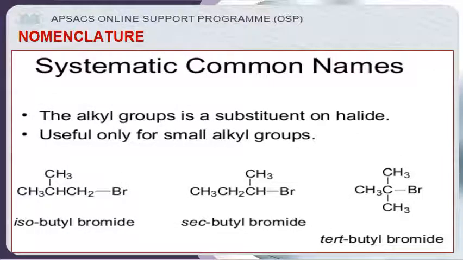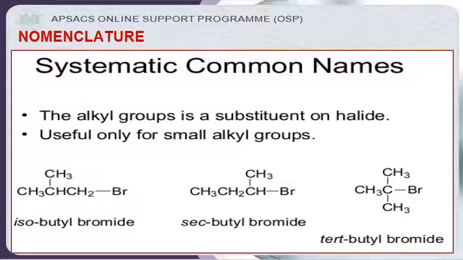Nomenclature of alkyl halide. There are 2 methods to give names to alkyl halides. The first is the common system of naming. The common system of naming is based on the classification of alkyl halide.